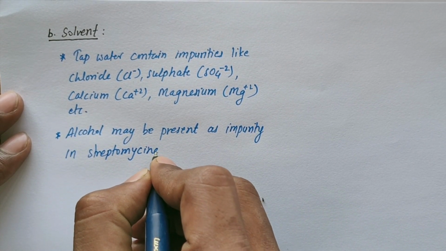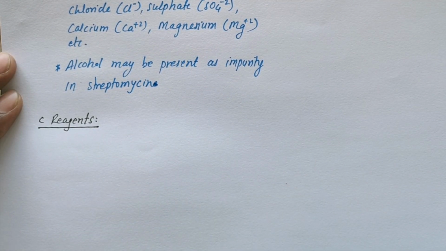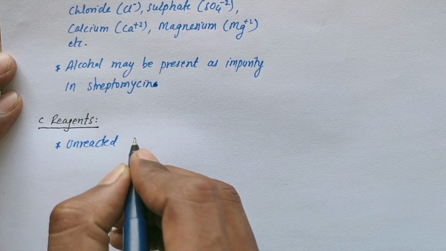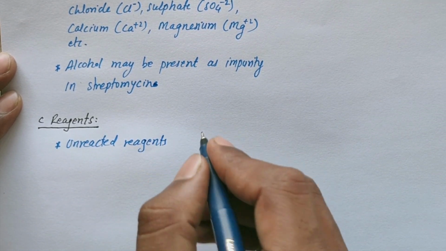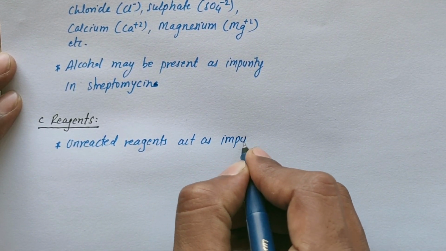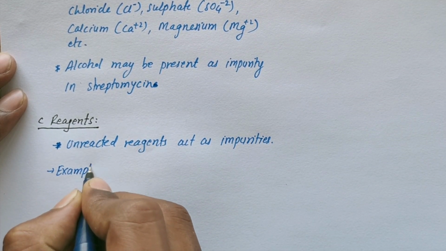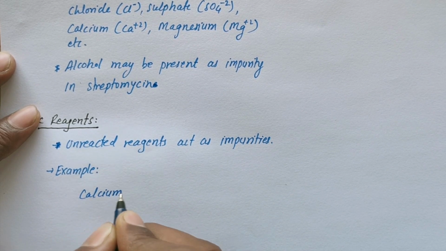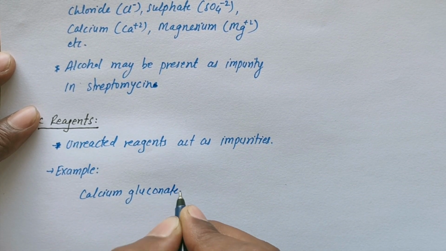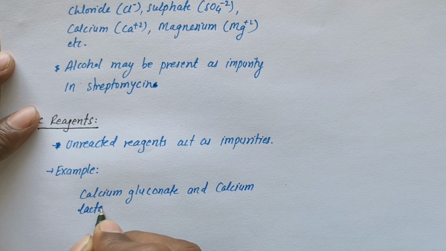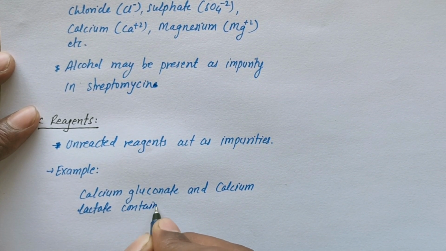Now we will discuss reagents. Whatever unreacted reagents are there in the reaction vessels may act as impurities. As for example, calcium gluconate and calcium lactate contain glucose as an impurity.